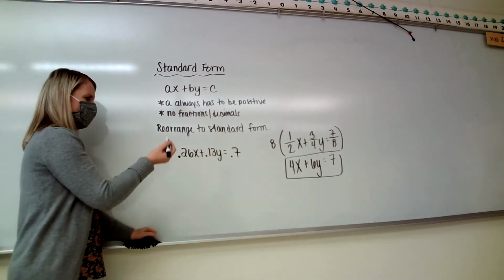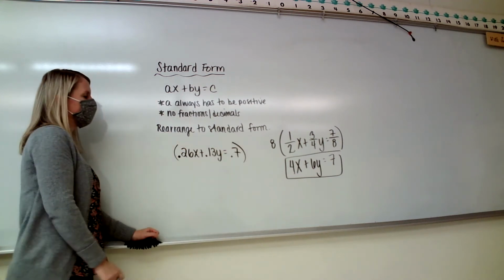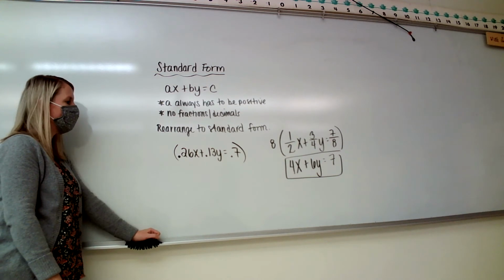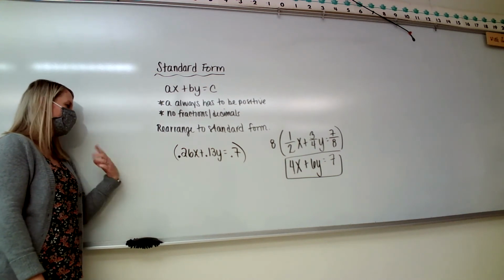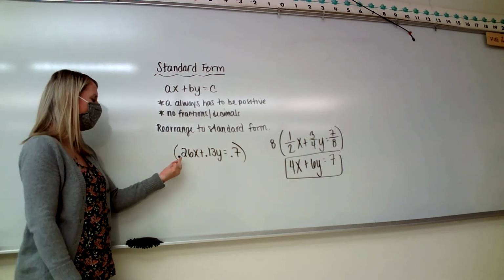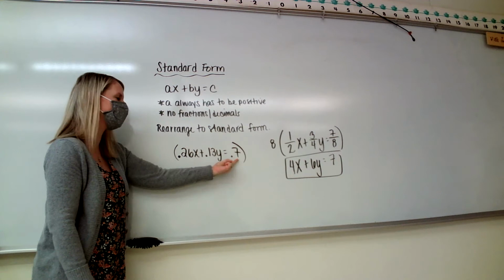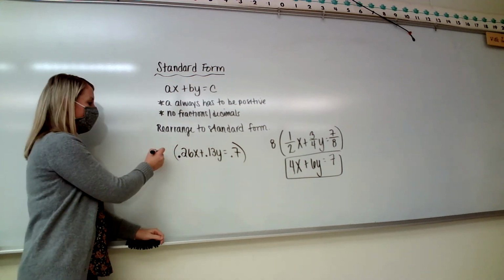I think we've seen ones like this before too. I can't even remember the beginning of the year at this point, but if you ever want to get rid of decimals, you are going to multiply by the longest decimal place. So if you think about it, this is to the hundredths, this is to the hundredths, this is to the tenths. So we're going to multiply by 100.